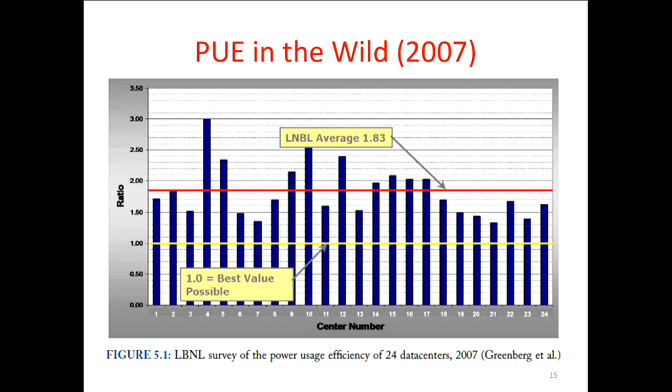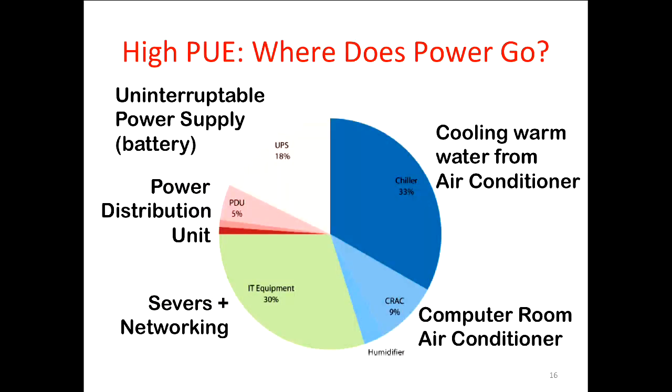So then where does the energy go here? So we have the power breakdown for a warehouse scale computer. Okay, so only 30% of the total power is consumed by the computing unit here, and roughly 20% of the total power is consumed by the power supply system.